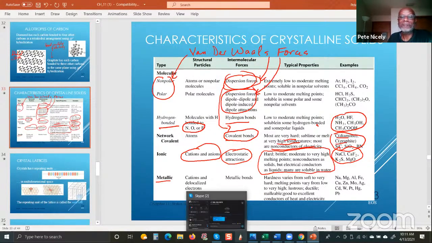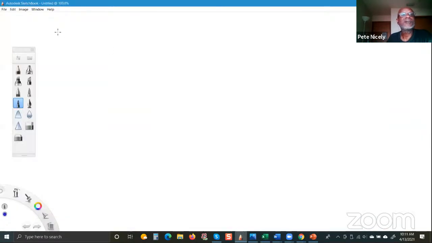The type of bonding that exists in metals basically is the following. You have metallic ions. So you have, how am I going to do this? You have a metallic ion here, metallic ion here, metallic ion here, and so on and so forth throughout the whole structure of the metal substance.